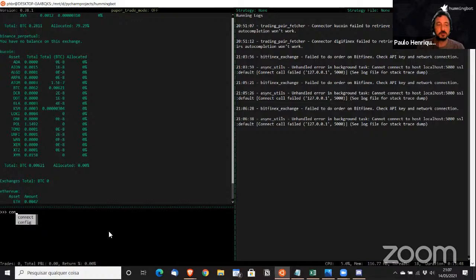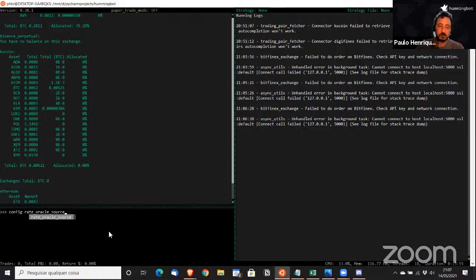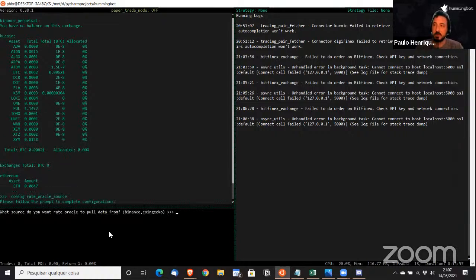About the source, we have to change the source of the information. You can do config read oracle source, right? Currently we have two: we only have Binance and CoinGecko. We chose CoinGecko because its API for price information is a really good one, so as a first starting point we thought it would be a good idea to have it as an external source.